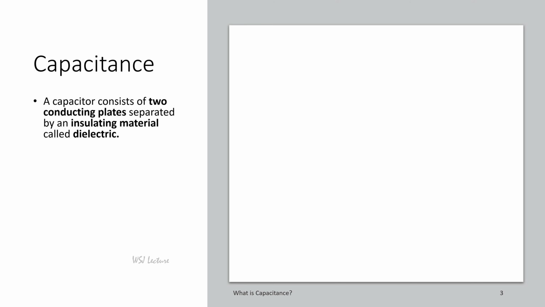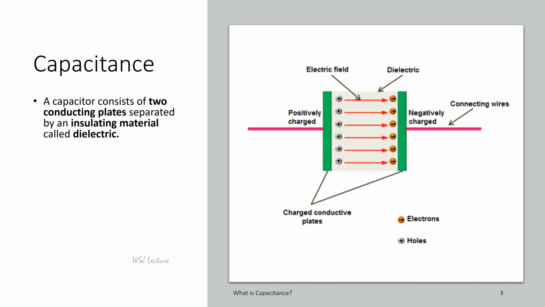A capacitor consists of two conducting plates separated by an insulating material called dielectric. In this diagram, we can see that a capacitor has two conducting plates, indicated by green color. The first one is positively charged and the second plate is negatively charged.